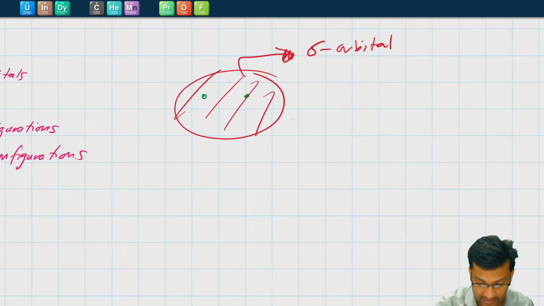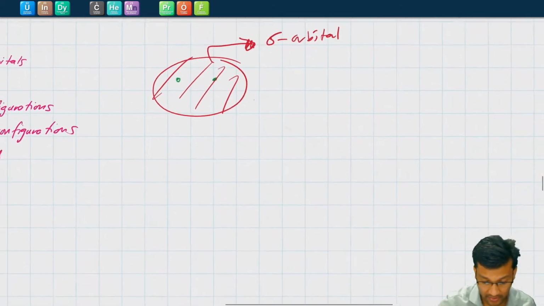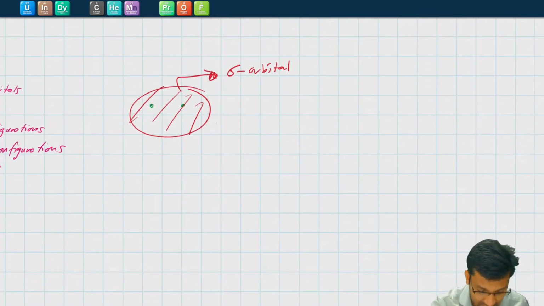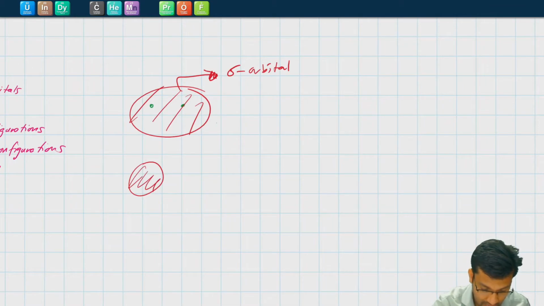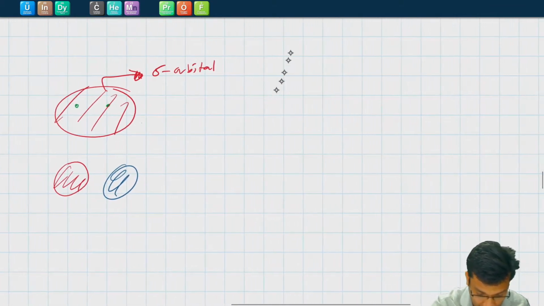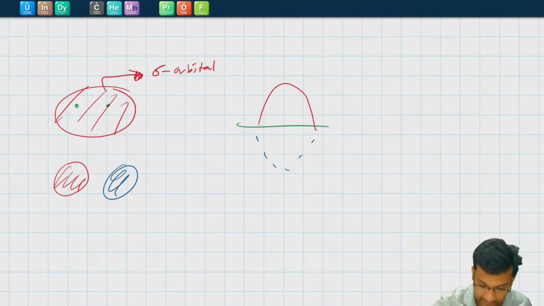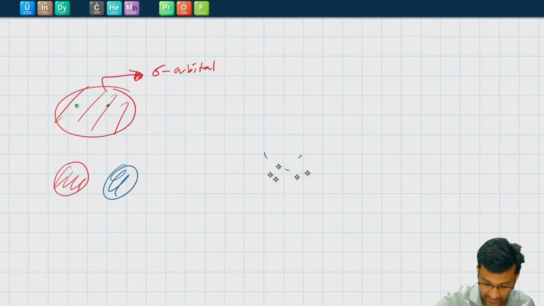And if you're wondering if it has anything to do with the sigma bonds we talked about earlier, you bet it does. But these s orbitals could either have a positive sign or a negative sign, similar to a wave, as it fluctuates.